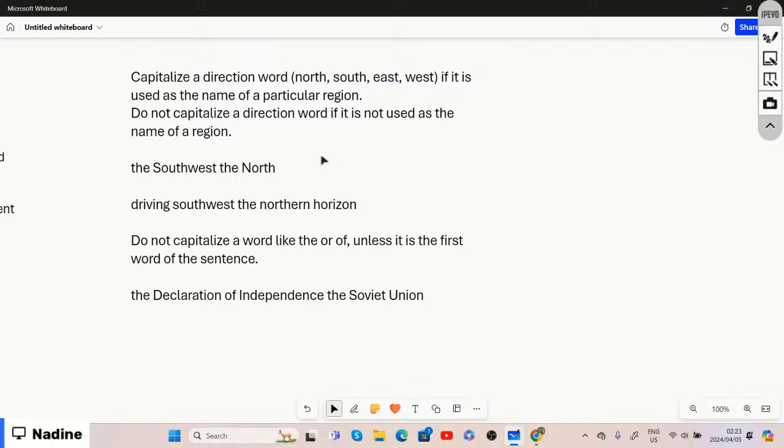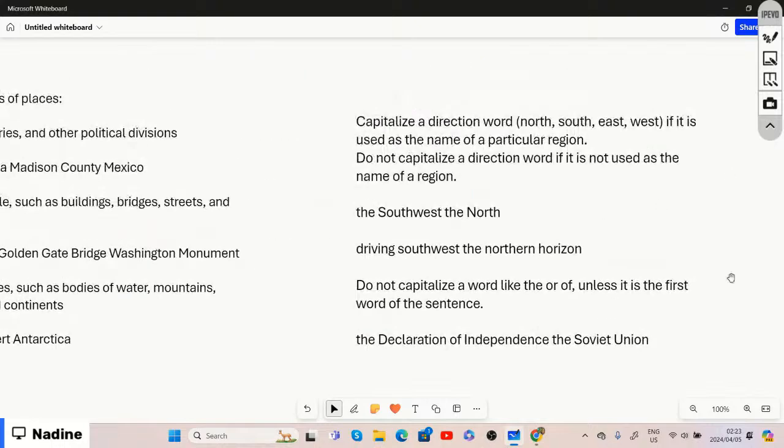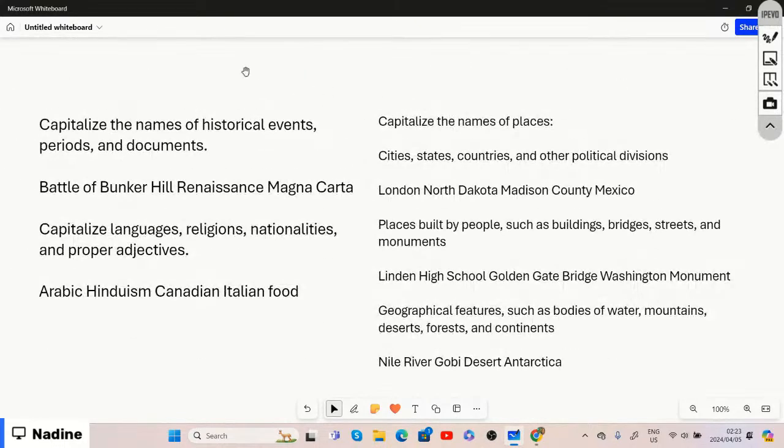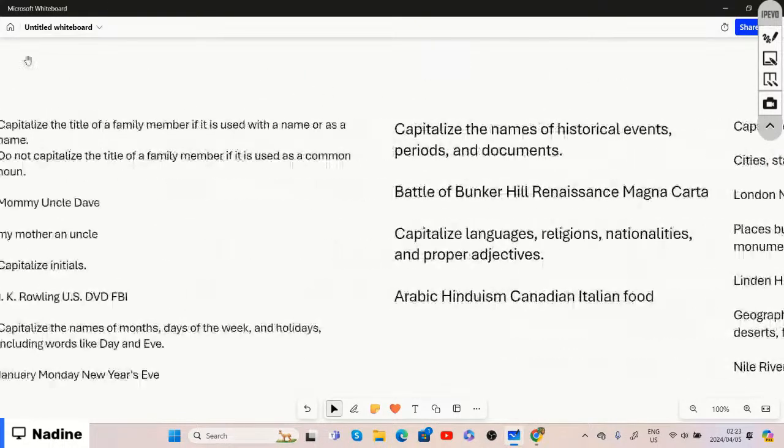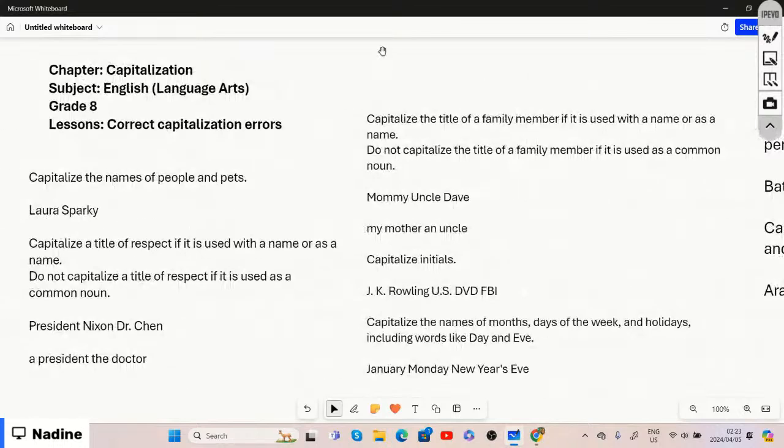All right. So there's quite a few things that we need to capitalize, but we're starting with names of people, names of pets, days of the week, months of the year, right? We capitalize geographical features, titles, right? These are all things that also have a significant meaning.